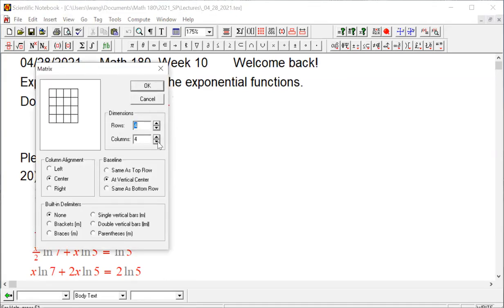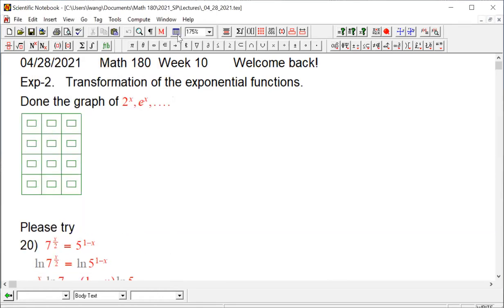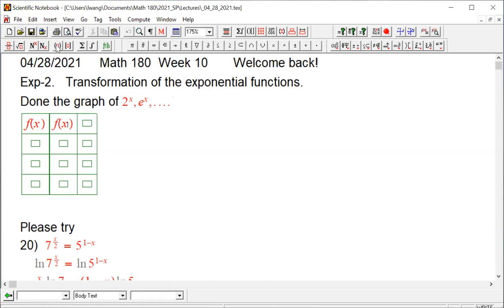The first one, 3 columns, right? So we're doing f of x minus 1, plus 1.